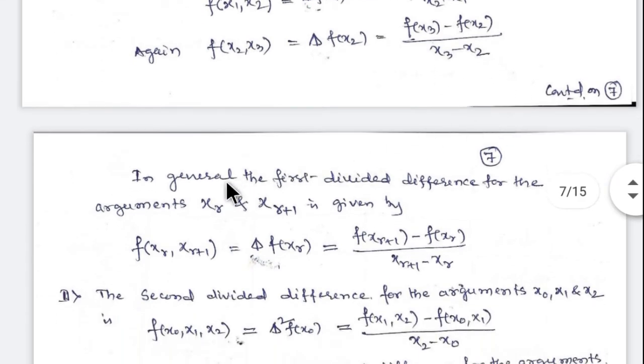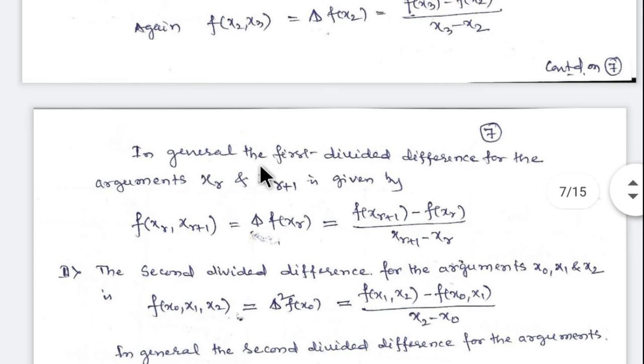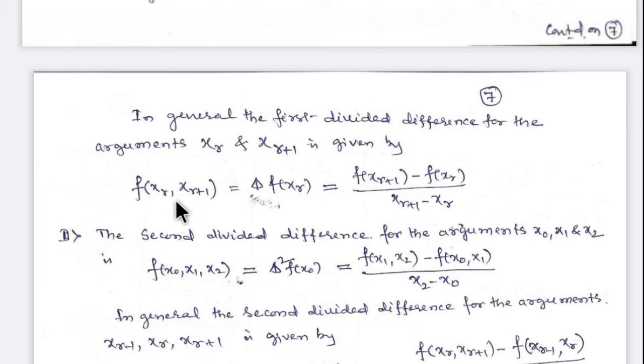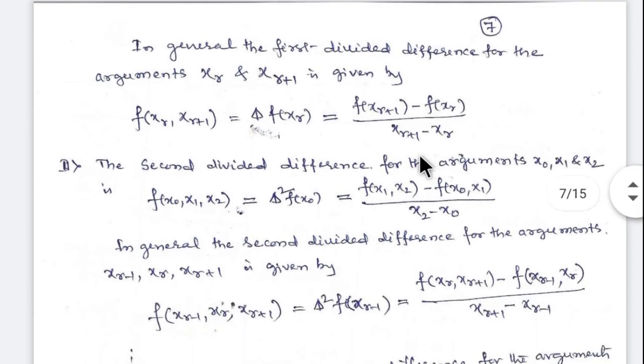Continuing this way, in general the first divided difference for the arguments xr and xr plus 1 is f of xr, xr plus 1, or del of f of xr. You can remember this as f of xr plus 1, the higher one, minus f of xr, the lower one, divided by xr plus 1 minus xr.